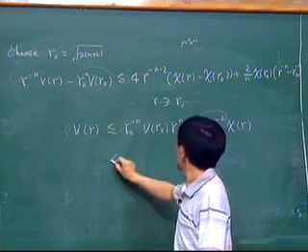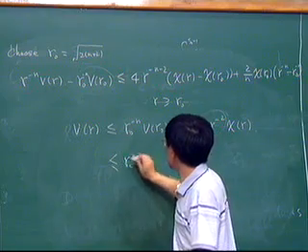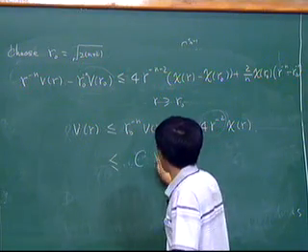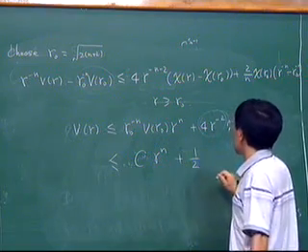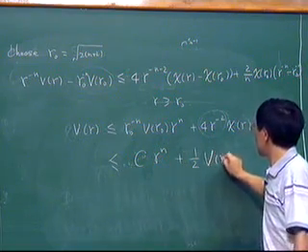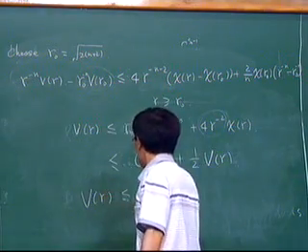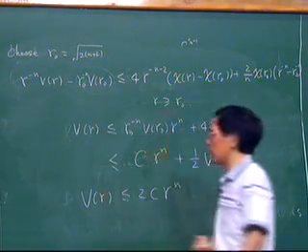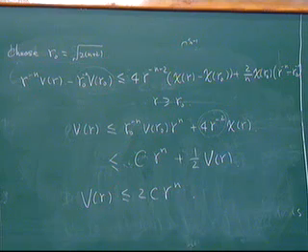So minus, I just put the constant here. Half V of r. So you have V r less than a constant. All right. So the important thing is that we have to use this kind of thing.